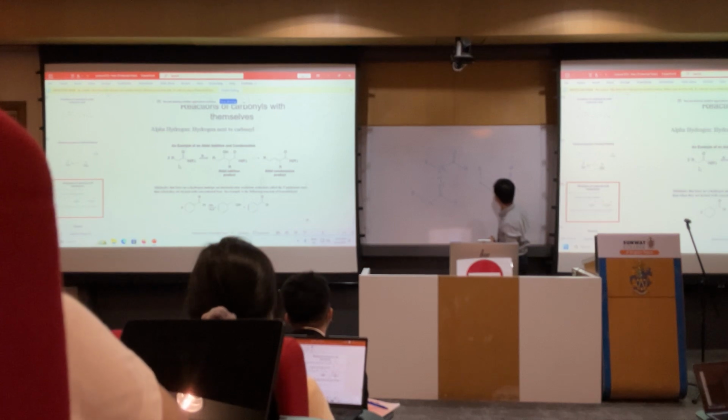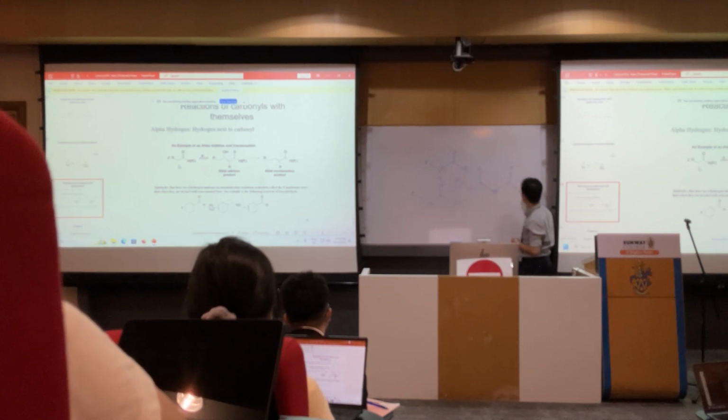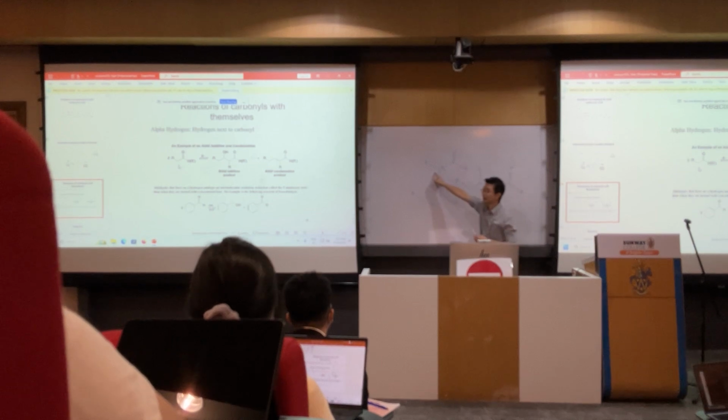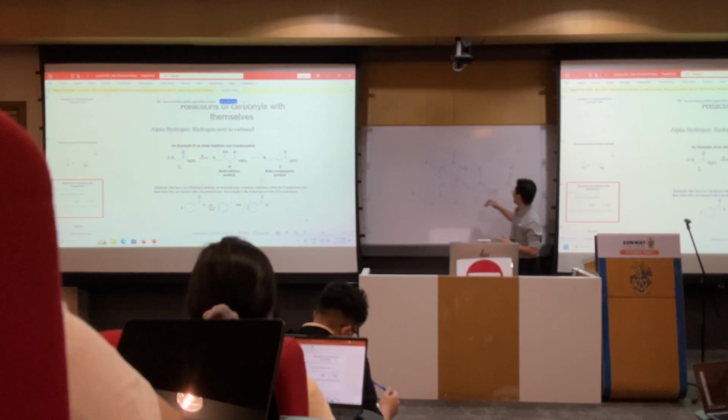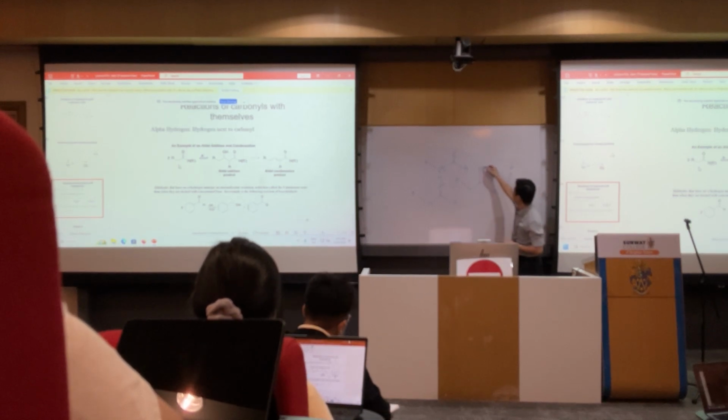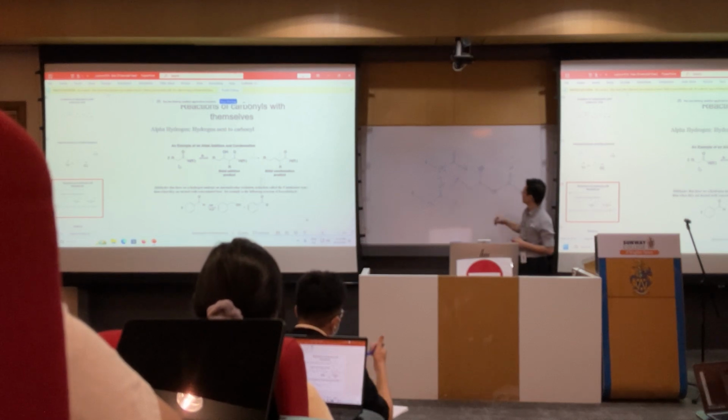So it binds to this carbon with an OH group, and then the OH group will be taken away by another oxygen, so it will give you a resonance.